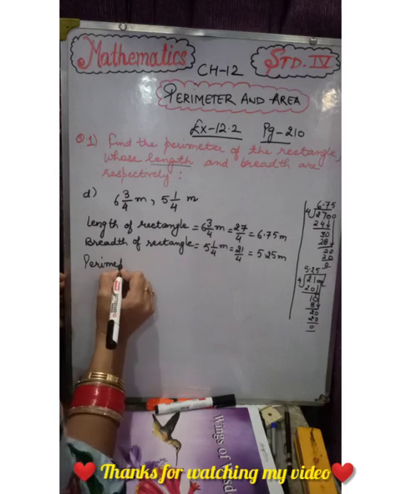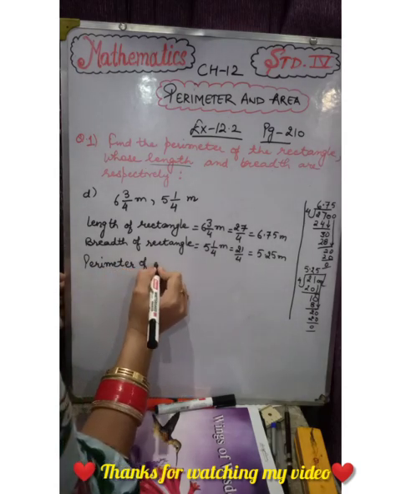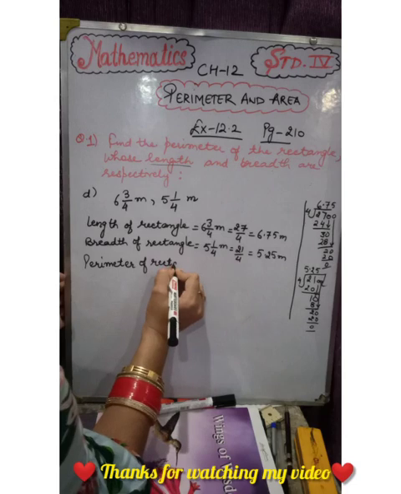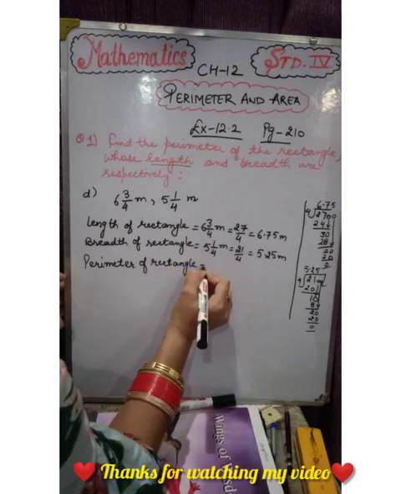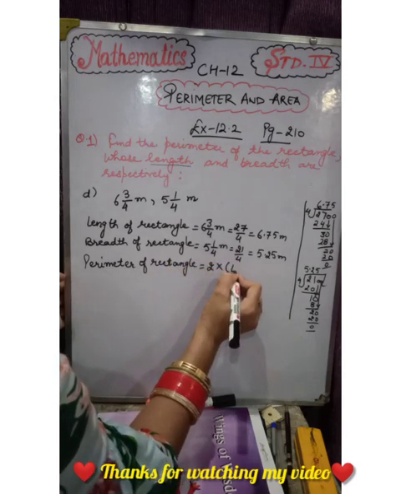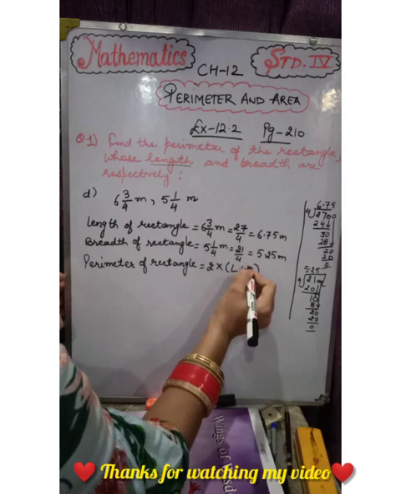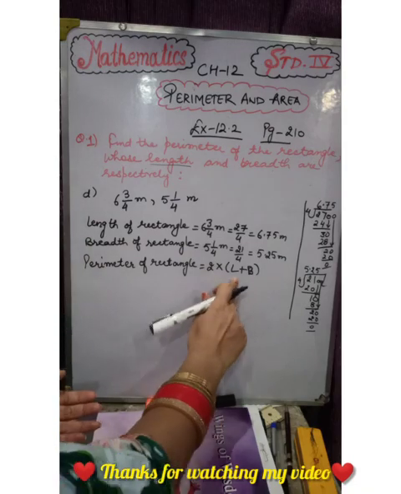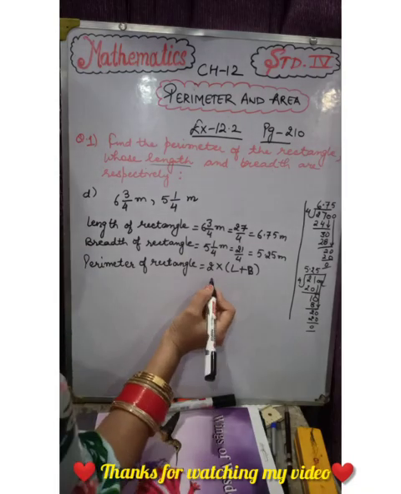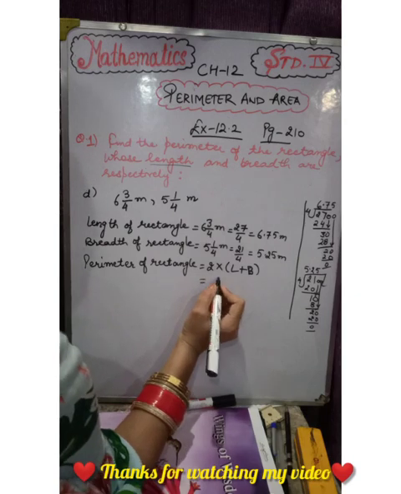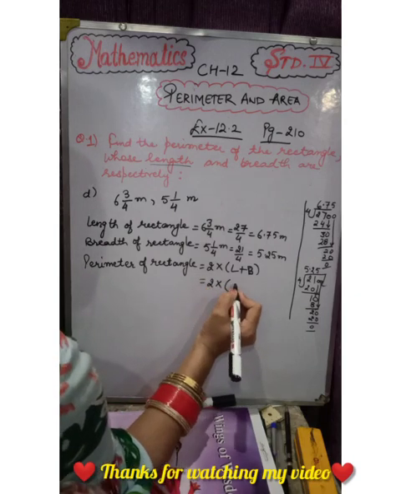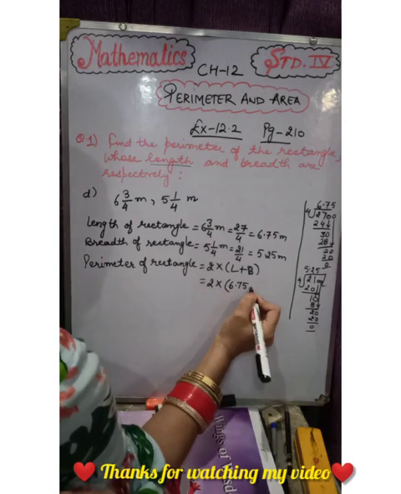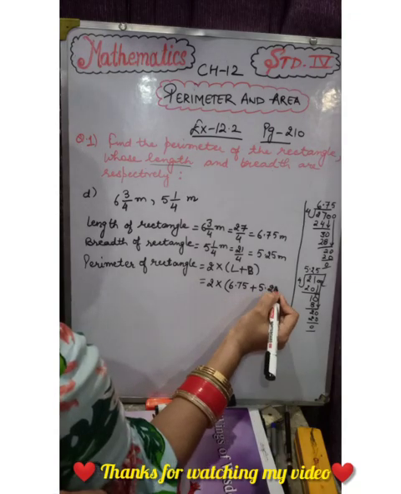Perimeter of rectangle. What is perimeter? 2 multiply L plus B, length plus breadth. If you will not write this formula, marks will be deducted. First you need to write this formula, then calculation will carry on. Fine. 2 multiply 6.75 plus 5.25.